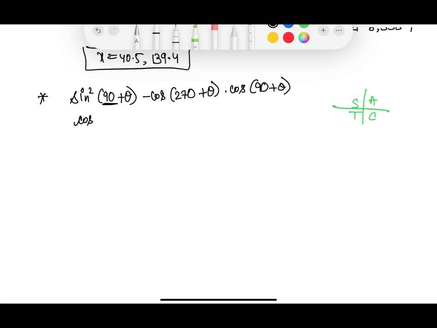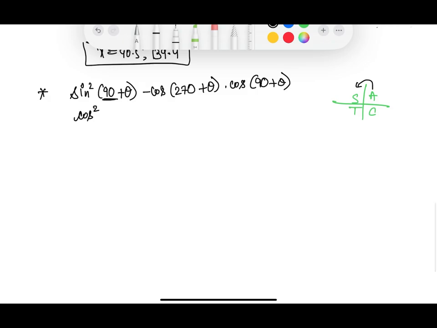So sine (90 plus theta) is cos theta, and in the second quadrant sine is positive, so it remains positive. So it's cos squared theta minus cos (270 plus theta).